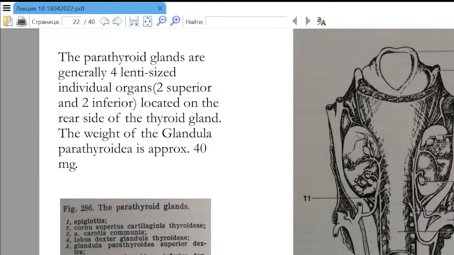This is the thyroid, the esophagus, the trachea. This is the artery: arteria carotis communis, vena subclavia, arteria subclavia.